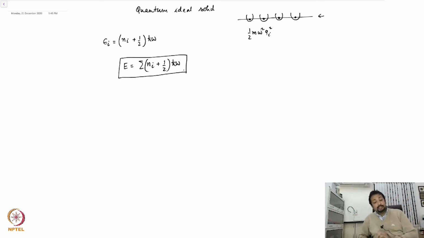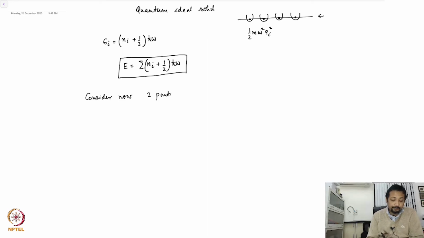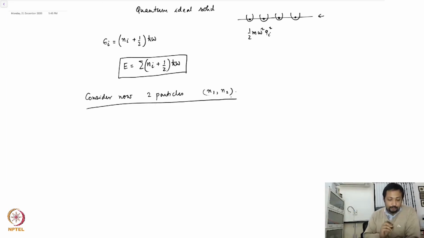Now let's take specific examples. Consider now two particles which are characterized by n1 and n2. So now we have (n1 plus n2 plus half plus half) times h bar omega, which is equal to the total energy.